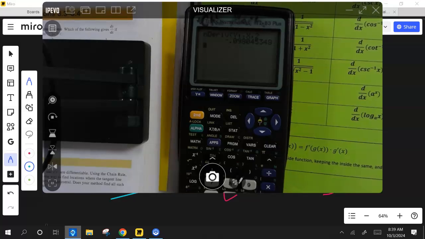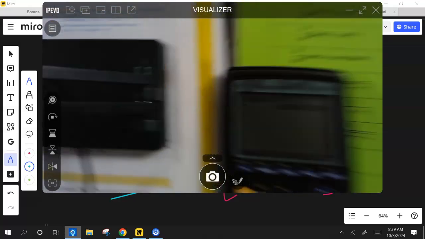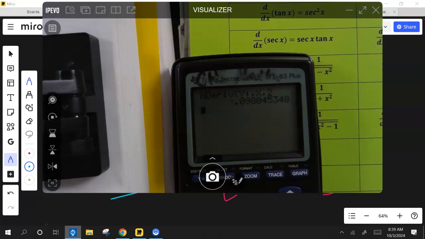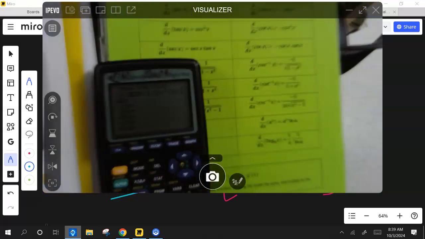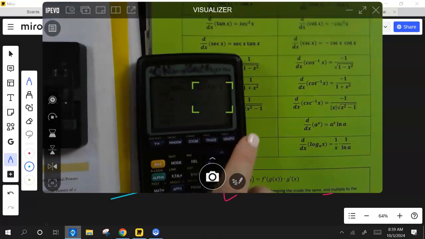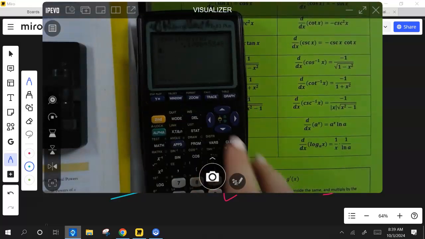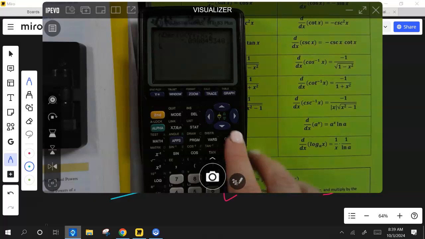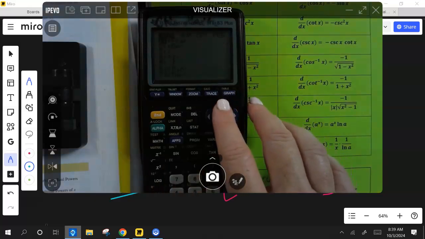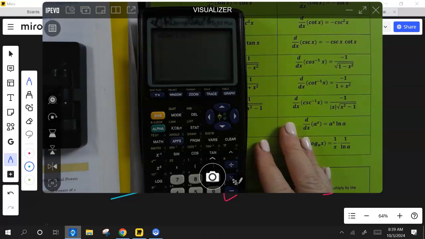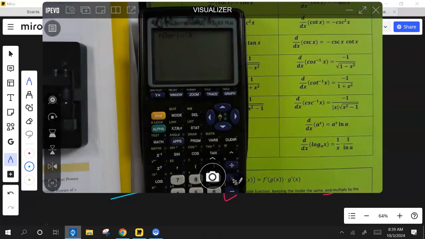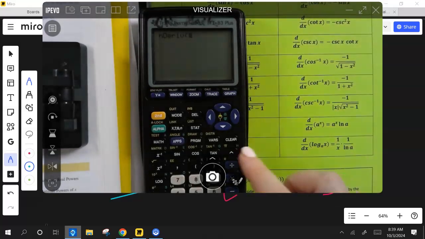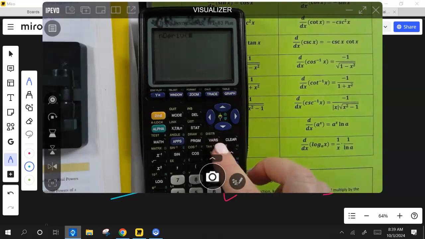If yours is in y equals, here's what it looks like on this one. All right, you're in y equals, you typed it in. Hit second mode for quit. Now math 8. All right, so vars right here.